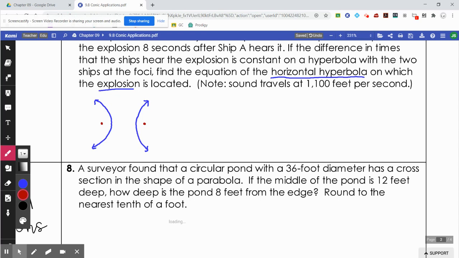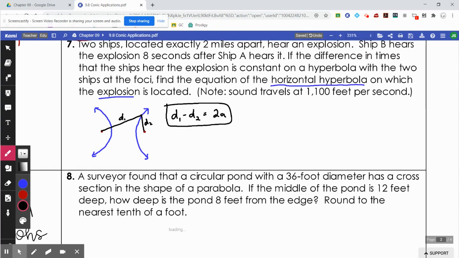A hyperbola is the set of all points, or the locus of points, to where this distance, which we call D1, and this distance, which we call D2, the difference is a constant. So D1 minus D2 is a constant. Now, we didn't tell what that constant was. That constant will always equal 2 times A. So that's some information that we need for this problem that we weren't given.